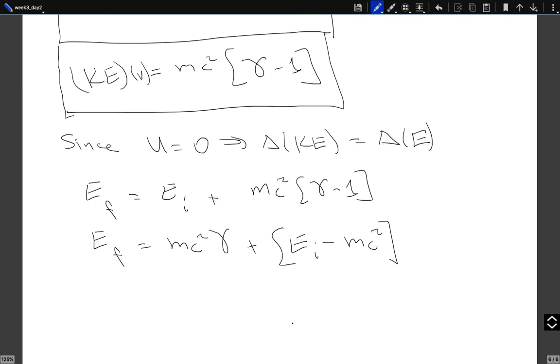And we just define this quantity. You see, that's just a constant. This is the energy of my particle when it is at rest. So I can just choose this constant to be 0. If I choose that constant to be 0, the energy of the object is just mc squared gamma.